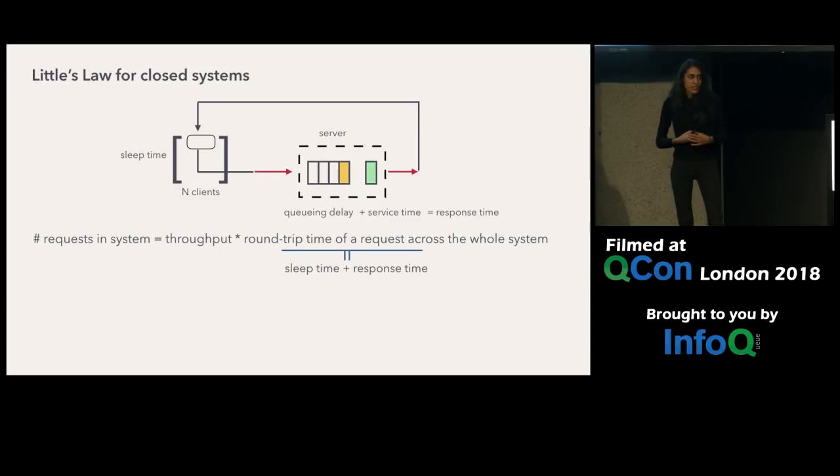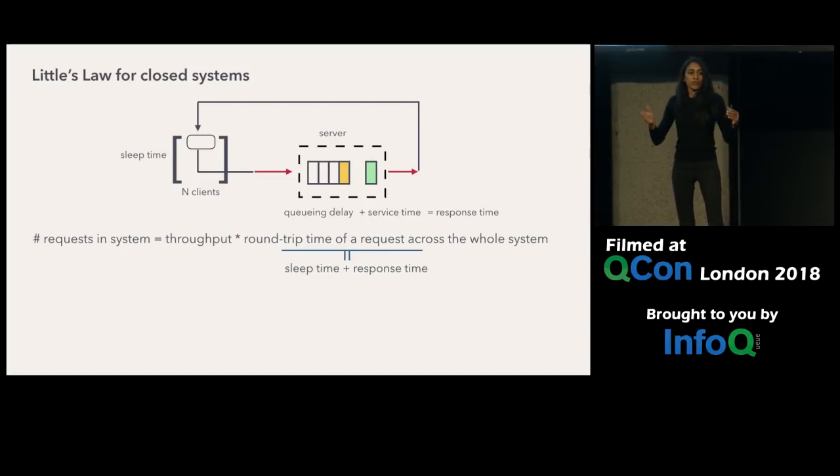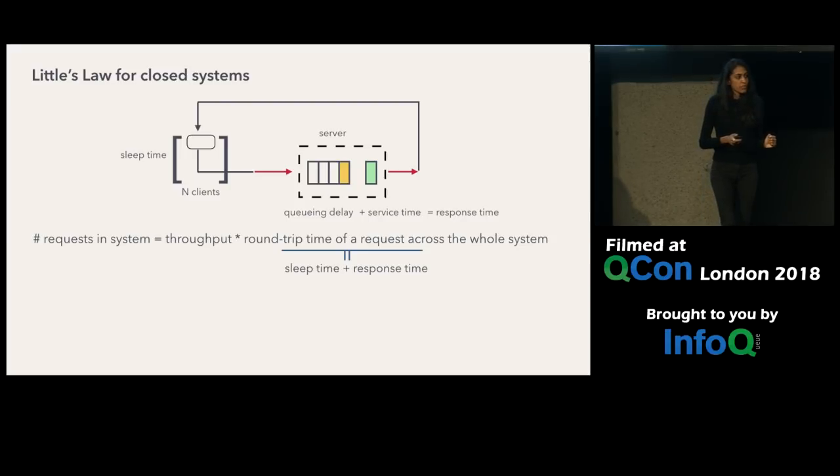Little's law tells us that this number is equal to the throughput times the round-trip time of a request, the total time a request spends in the system, which is the sleep time plus the response time. Since we're in the high utilization regime, we set throughput as constant.